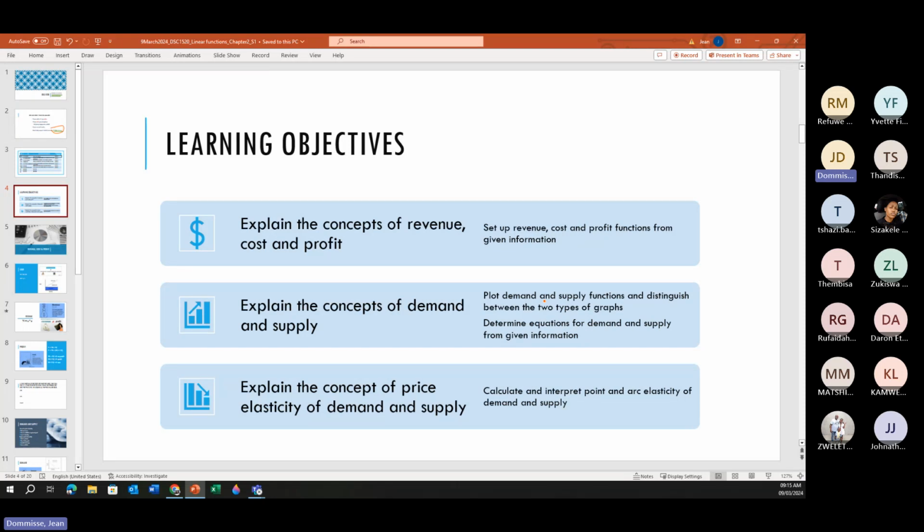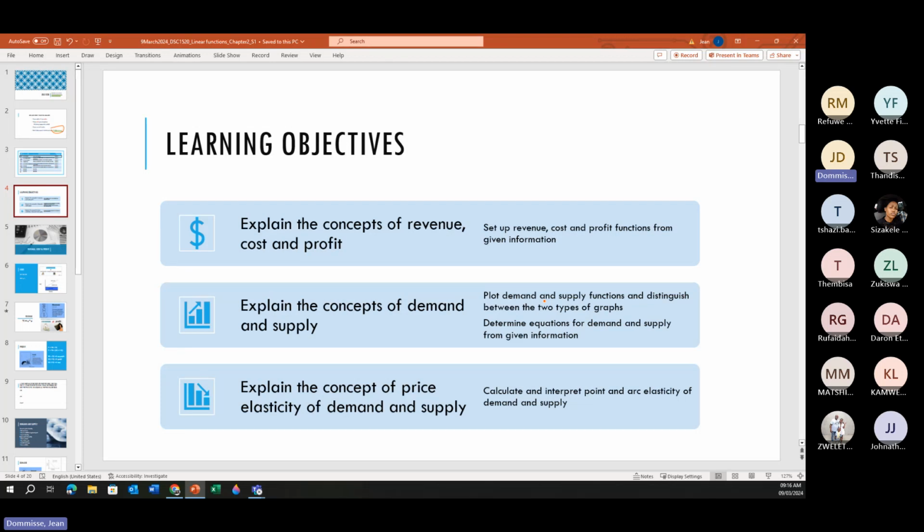We'll get it in your assignment because the assignment will cover a specific topic, but elasticity will be in the exam. So that is elasticity for this chapter. When we get to chapter 5 or 6, there are also elasticities for nonlinear functions. We will cover it there as well.